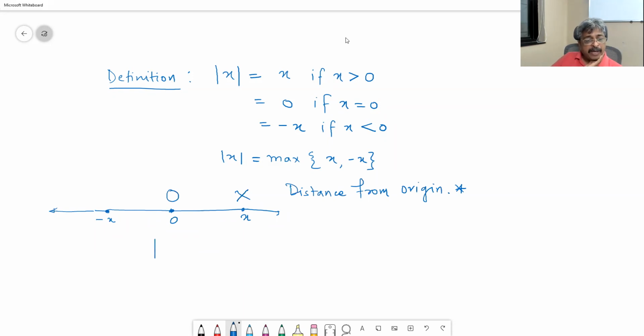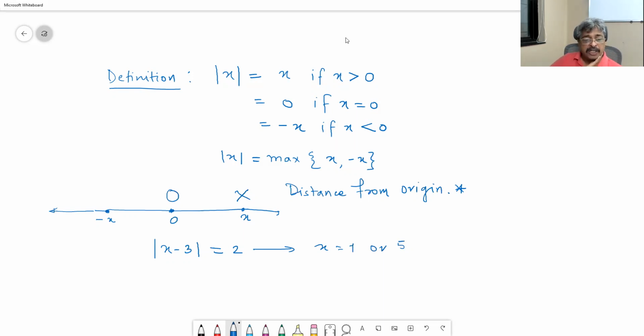So if I say absolute value of x minus 3 is equal to 2, then the two values of x are 1 or 5.